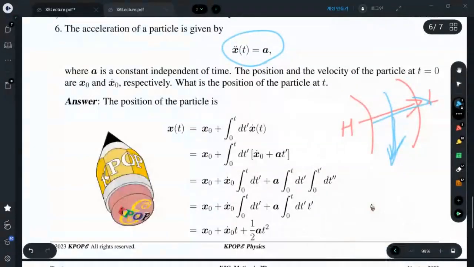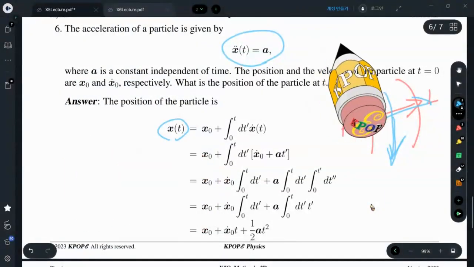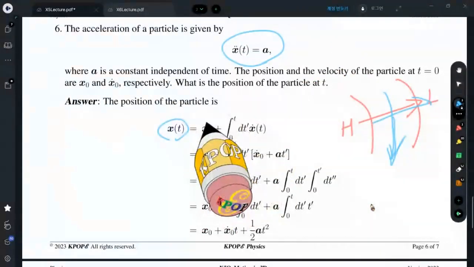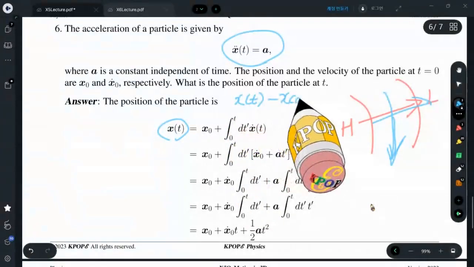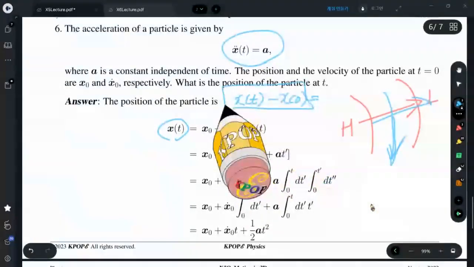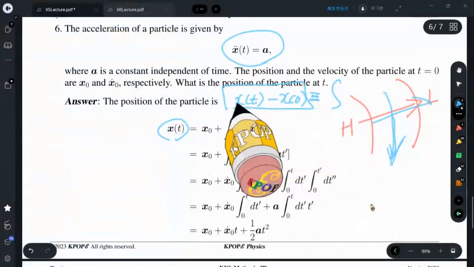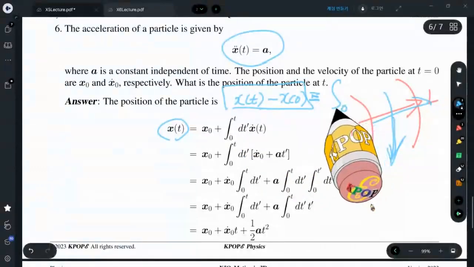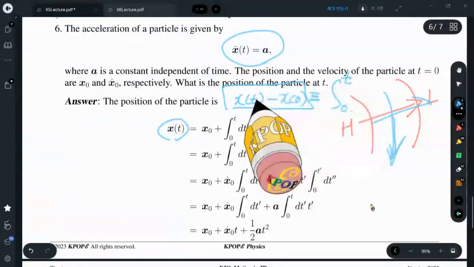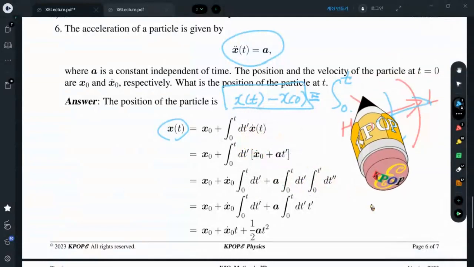Okay. The position of the particle. If I move this term, we have x of t minus x of 0. What's that? It is identical, by definition: the change from one point to another is the integral of the derivative. What's that?